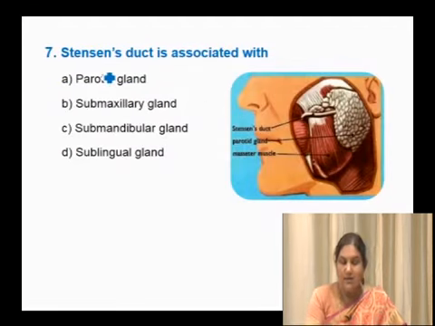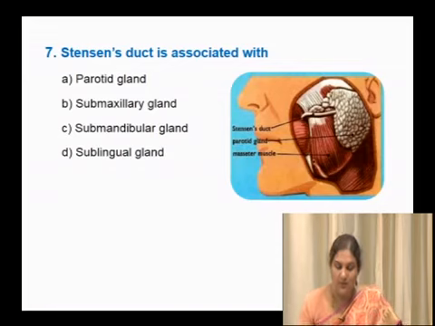Next question. Stenson's duct is associated with. We know within the buccal cavity we have 3 pairs of salivary glands. A pair of the parotid gland is located in front of the ear on the inner side of the cheek, 1 pair is located just behind the lower jaw, the submaxillary gland, and 1 pair is located below the tongue, the sublingual gland.